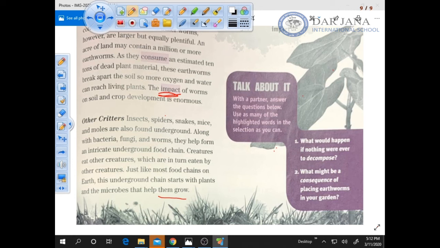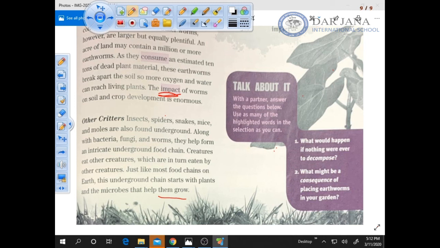So worms are somewhat beneficial to the general upbringing of soils and nutrients that are converted throughout the soils. So here, the impact of worms on soil and crop development is enormous. So the impact is something that has an effect, something that has a positive or negative repercussion to a process. So the impact of worms on the soil means having an effect or being affected in one way or the other.